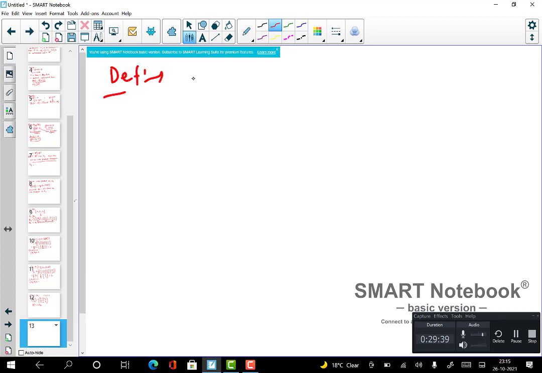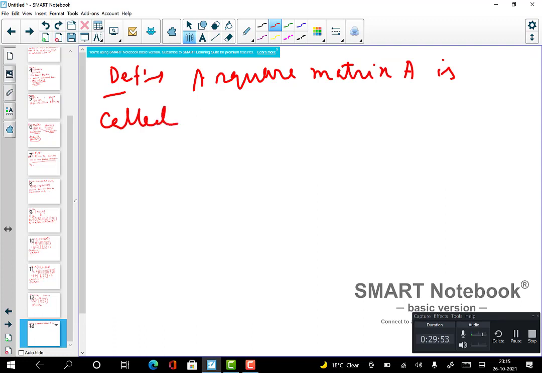A square matrix, say A, is called orthonormal. I mean, so this is for real square matrix I am talking about. Okay, I mean, rather for real both are same, so it's called orthonormal.